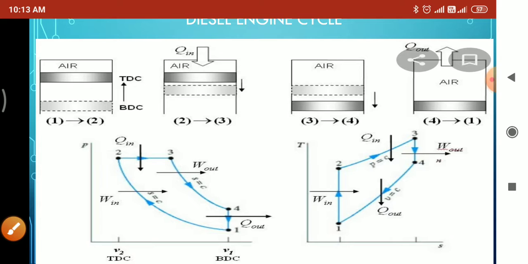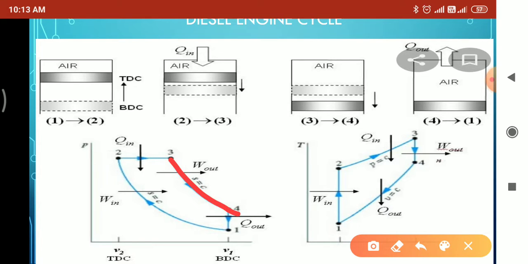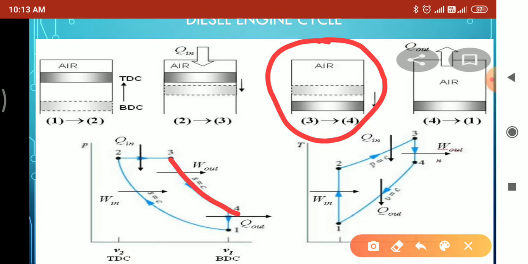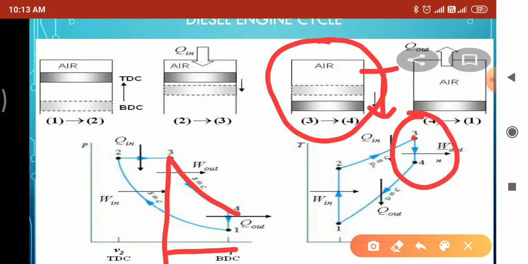Then process number 3, from 3 to 4. Consider this one. What will happen in this process? The piston moves from TDC to BDC, which means volume increases from 3 to 4, temperature decreases from 3 to 4, and pressure drops from 3 to 4.